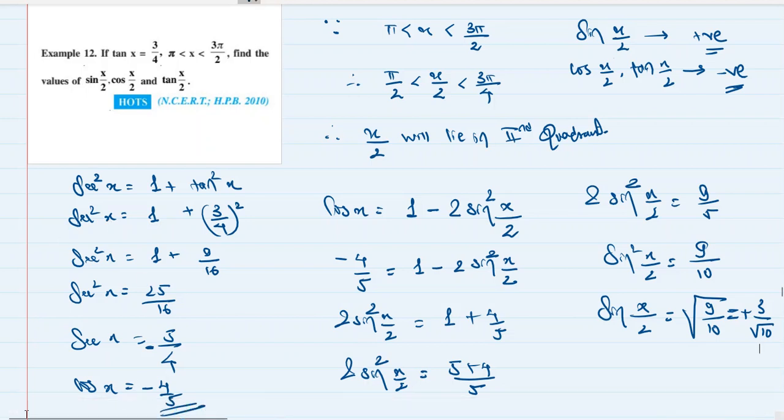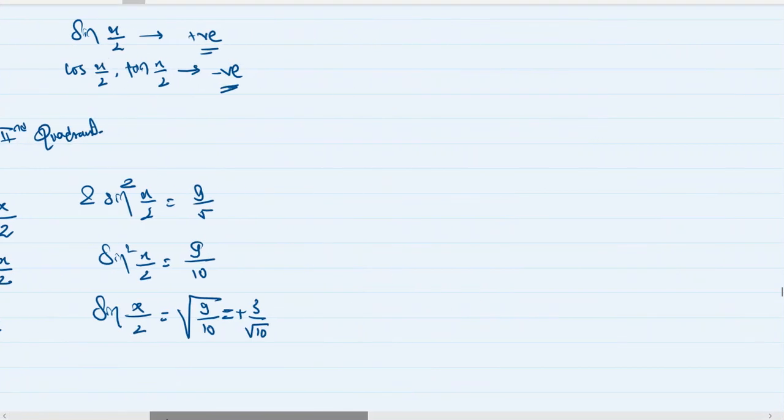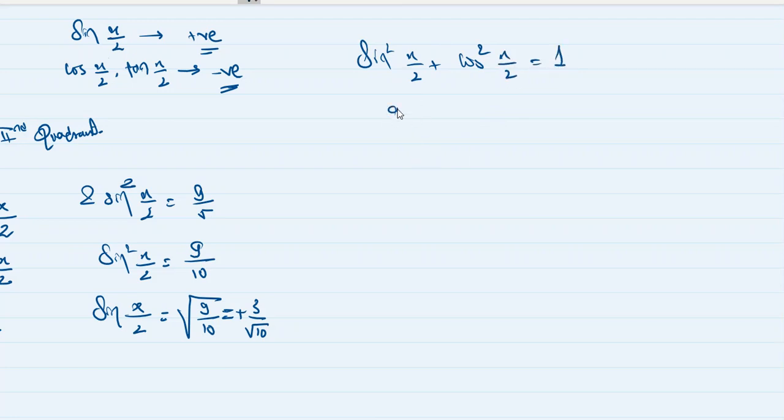Now let's find cos x by 2. You can find it yourself. Sine square x by 2 plus cos square x by 2 is equal to 1. Sine square x by 2 was 9 by 10, plus cos square x by 2 is equal to 1.